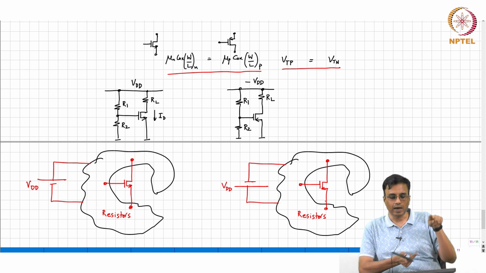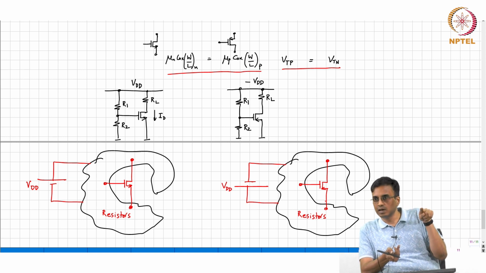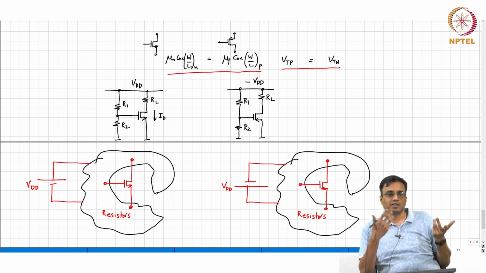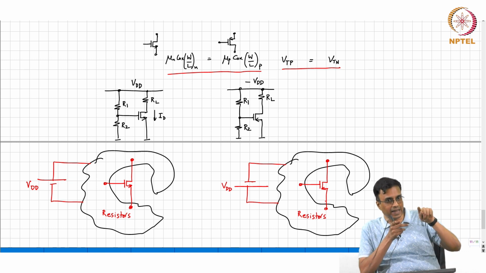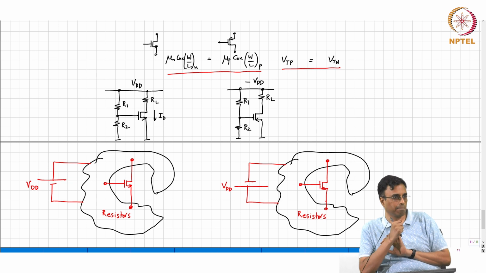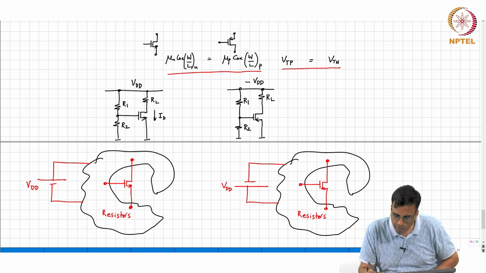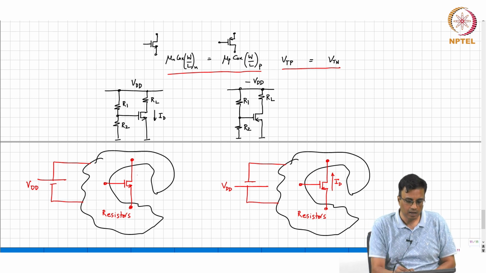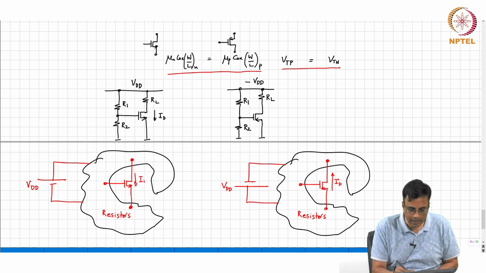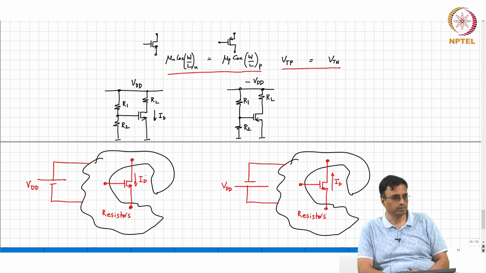Earlier the gate was higher than the source, now the source is higher than the gate, but the gate source voltage will remain exactly the same, and likewise the direction of the current will be opposite, but the magnitude of the current will be exactly the same.